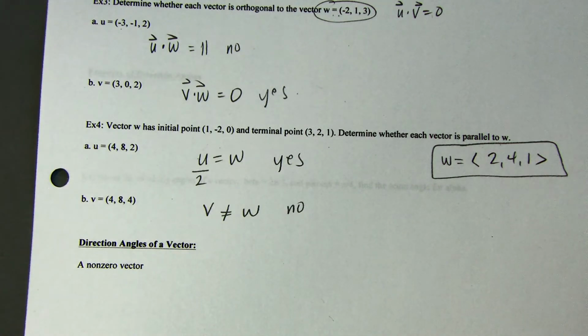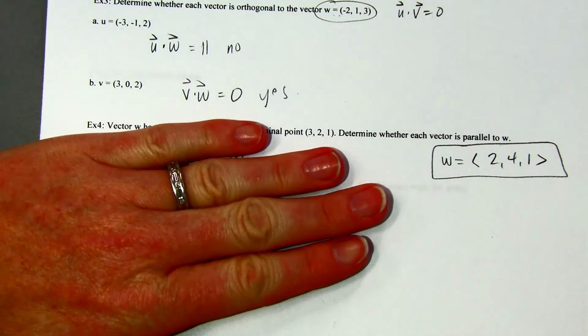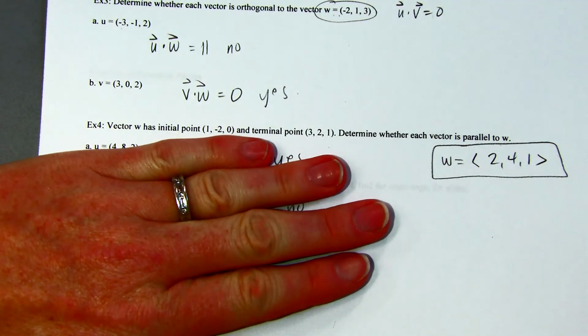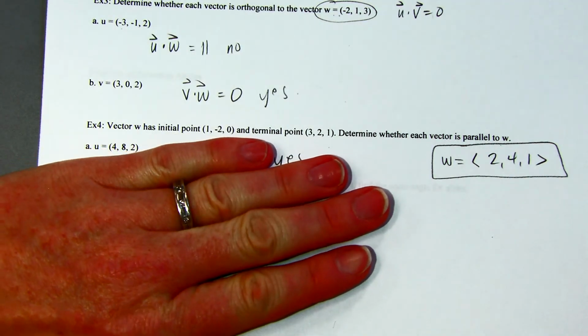How about vector, well, first of all, what's vector w? 2, 4, 1.